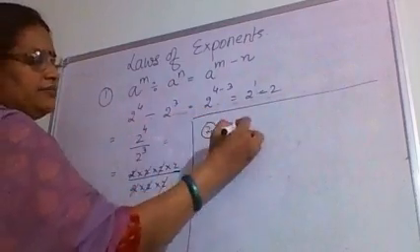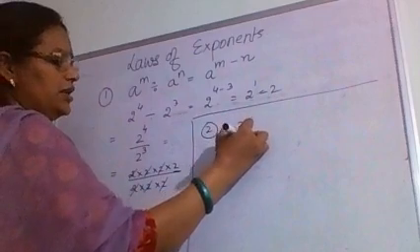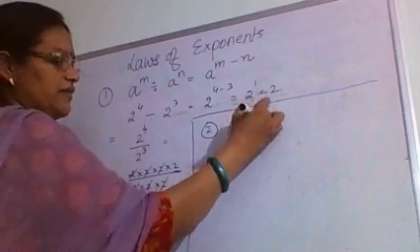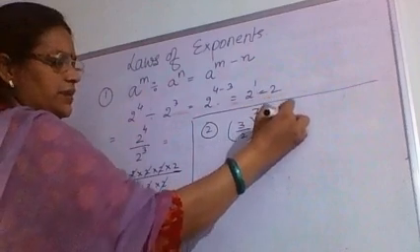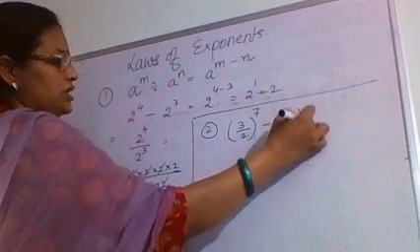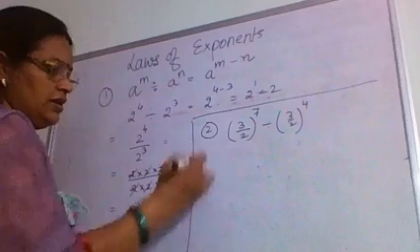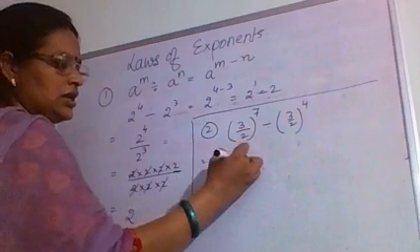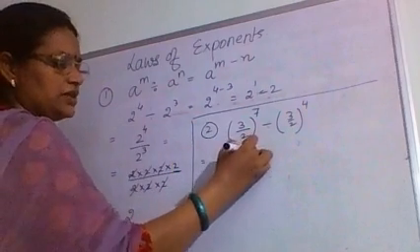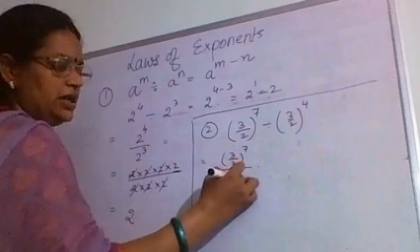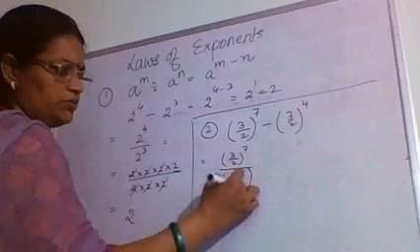Second example: 3 by 2 raised to power 7 divided by 3 by 2 raised to power 4. So this can be written as 3 by 2 raised to power 7 divided by 3 by 2 raised to power 4.